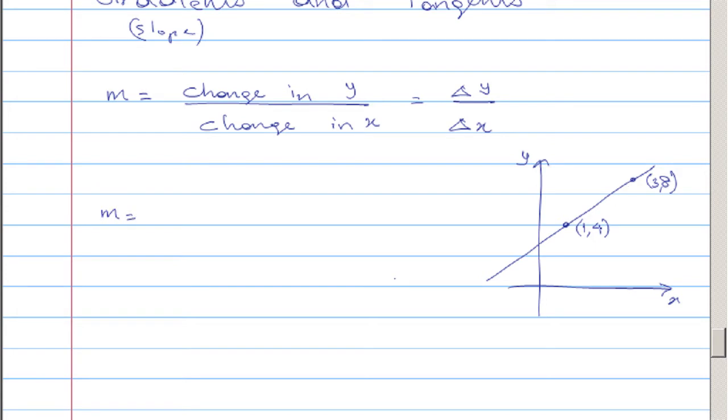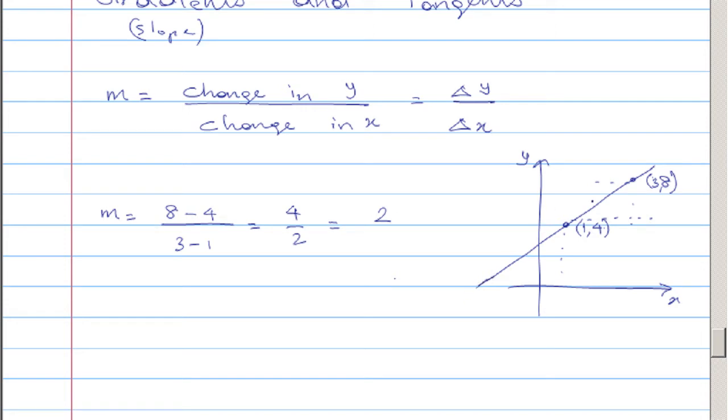So y changes from 4 to 8, so that's 8 minus 4, divided by the change in x. The value of x changes from 1 to 3, so 3 minus 1, I get 2. So I get 4 divided by 2, and in this case, the gradient of this line is 2.